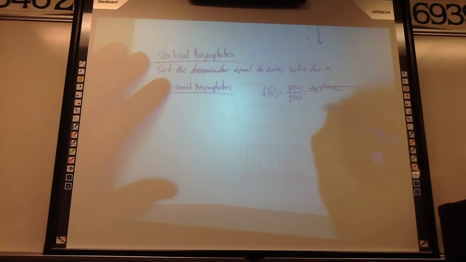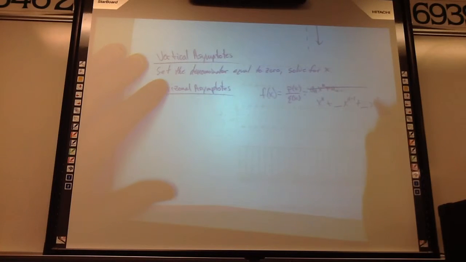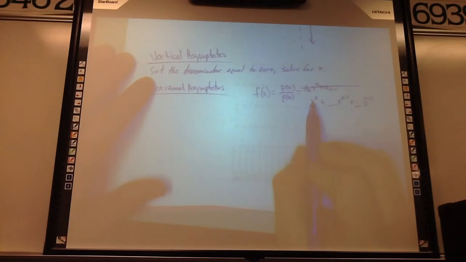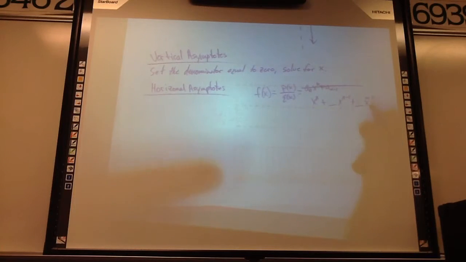You're going to have something x to a power plus something x to a slightly smaller power plus something x to a smaller one. Like if n was 5, this would be x to the 5th plus something x to the 4th plus something x to the 3rd. That's all that means.